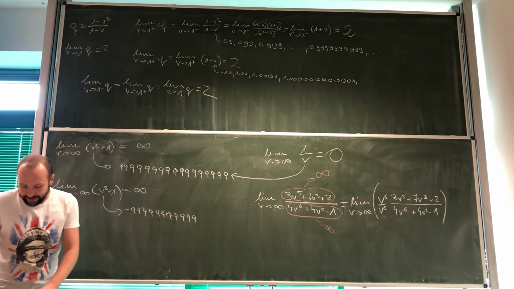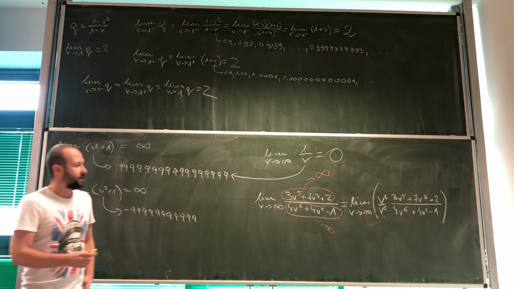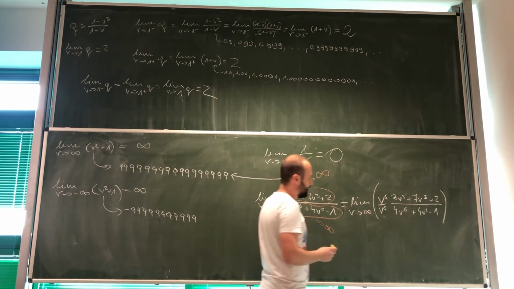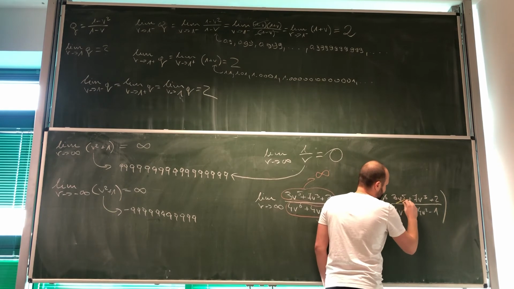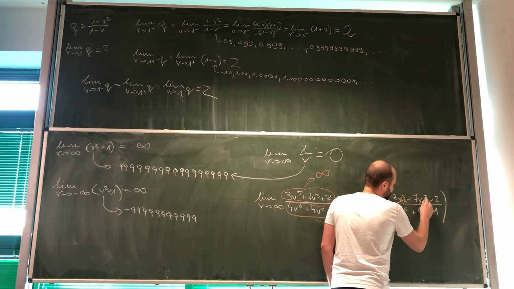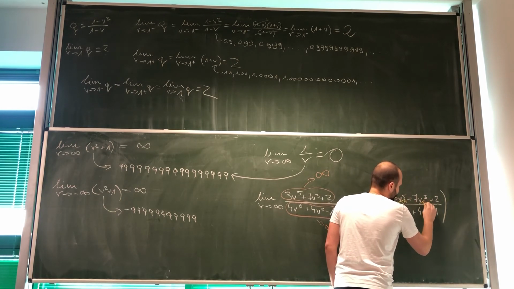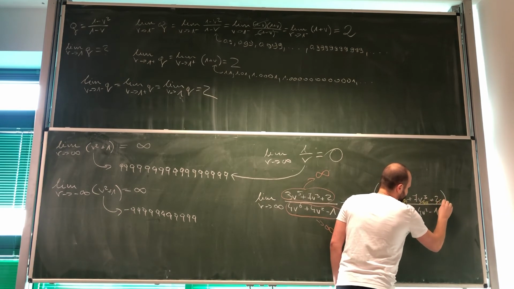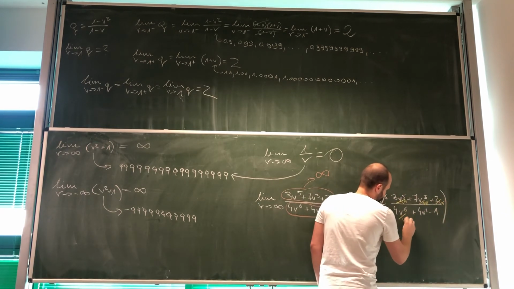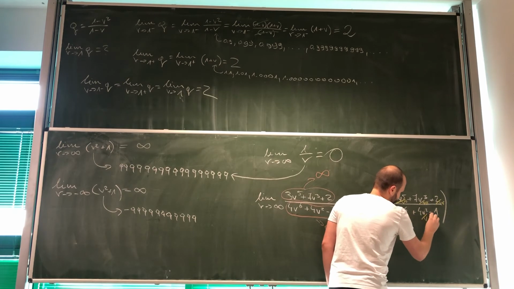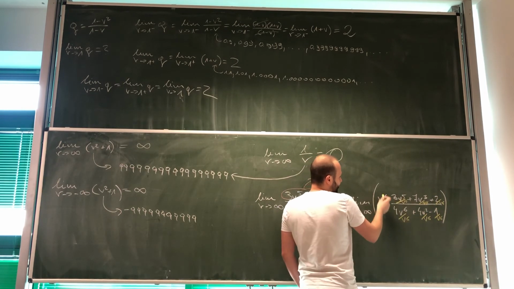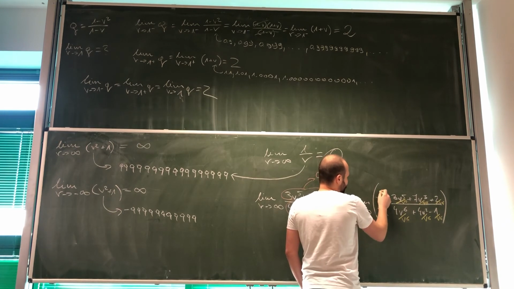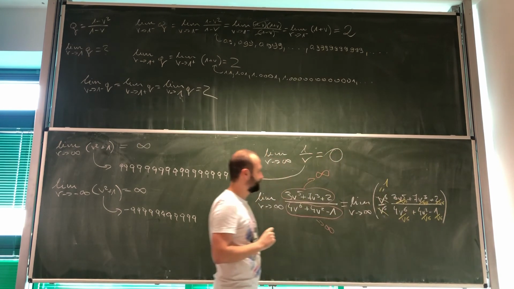Okay, so what am I actually doing here? I am dividing each expression within this fraction by v to the power of 6. Those two, of course, cancel each other out, and we just get 1.